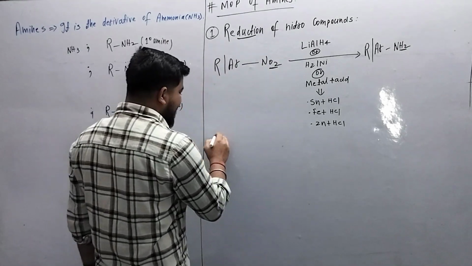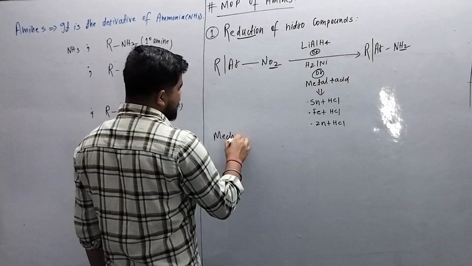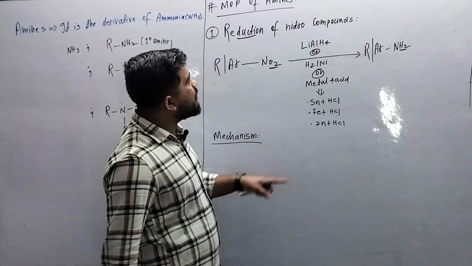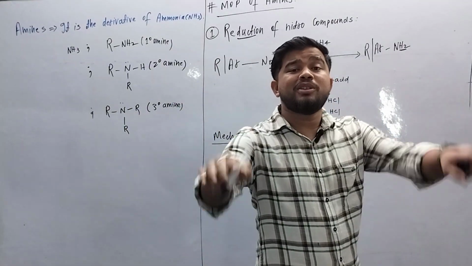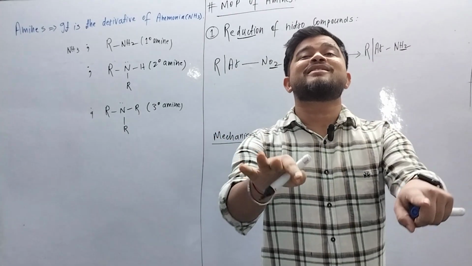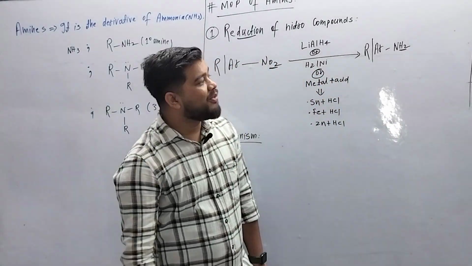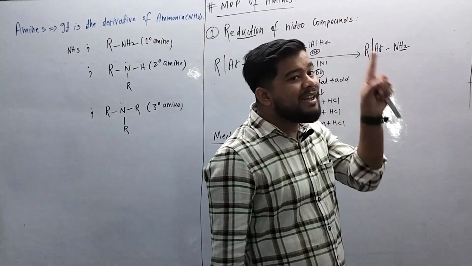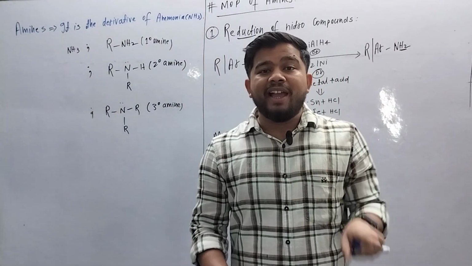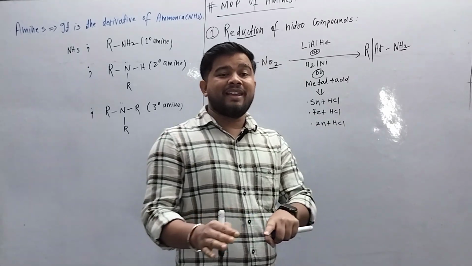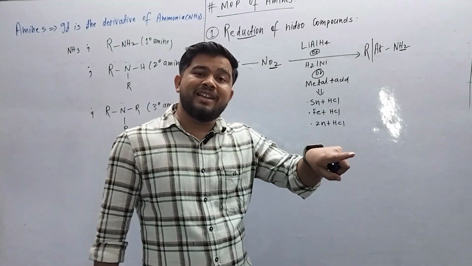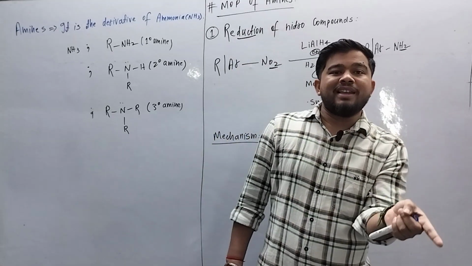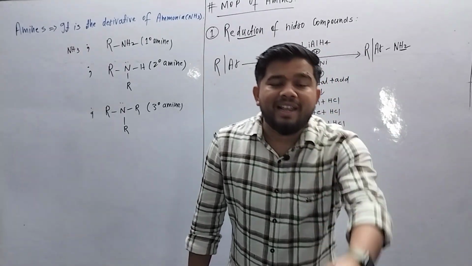The proposed mechanism will be, as we know from the hydrocarbons, lithium aluminum hydride is a source of H minus, which is a nucleophile, and we have also earlier seen H2/Ni, the catalytic hydrogenation, which is used to convert alkyne into alkene and alkene into alkane.